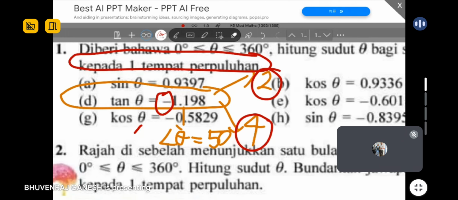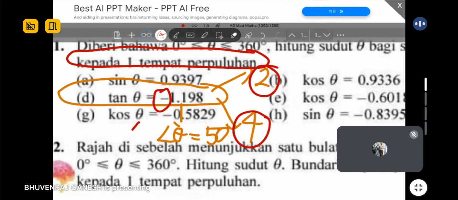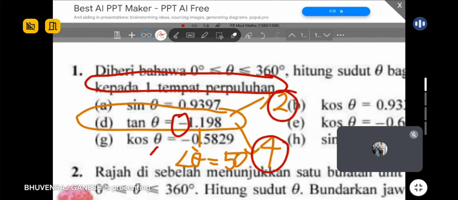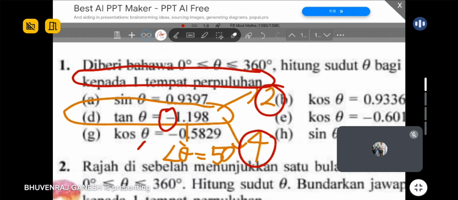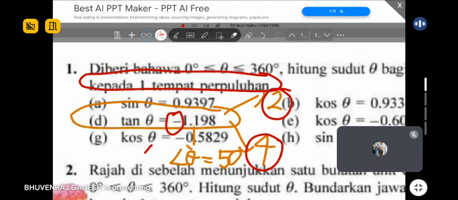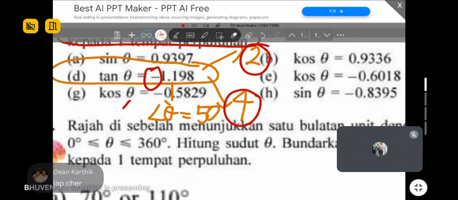Next time I must not tell a love story already. Anyone? Hello? What is your answer for question D, guys? Yang lain? Ada 17 orang lain kat sini selain kamu. The other 17 people, what is your answer for question D? Hopefully you all are not dreaming after I talk about the love story.